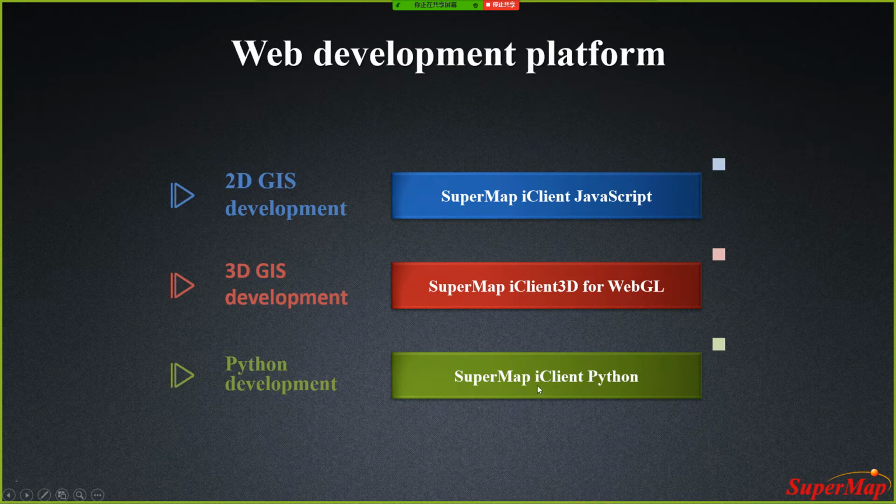And SuperMap iClient Python is the SuperMap Cloud GIS Client Python SDK, meaning software development kit, which packages the REST API of SuperMap iServer, SuperMap iPortal, iManager, iEdge and Online, so as to help users call the functions of the above products in the Python environment to realize data analysis and scripting operation and maintenance.